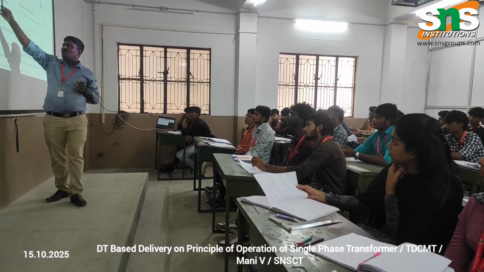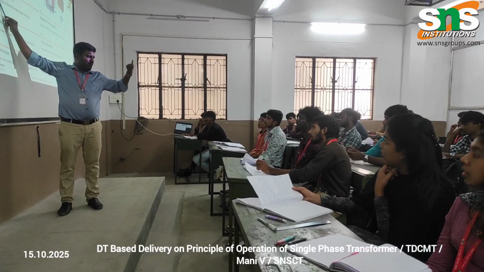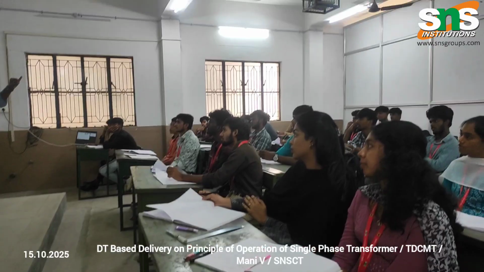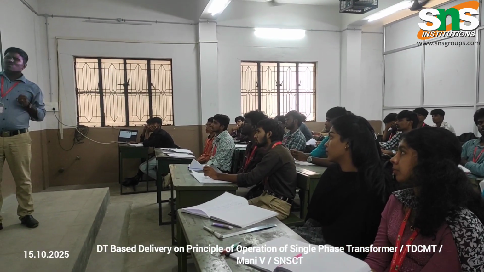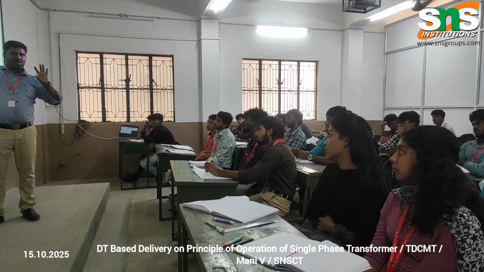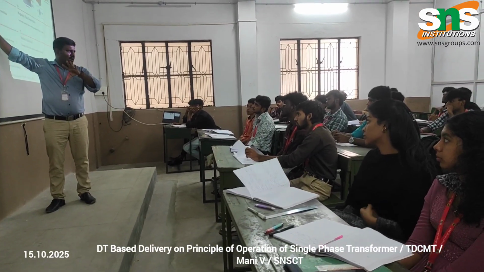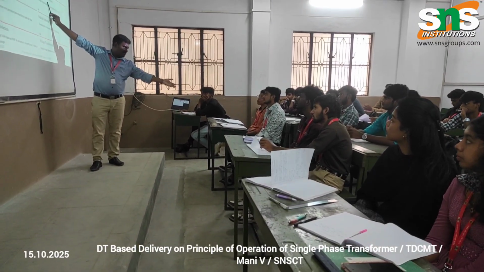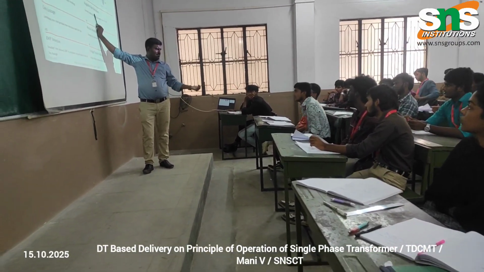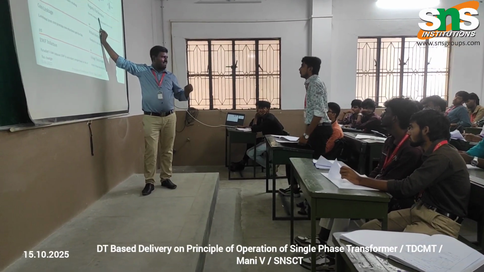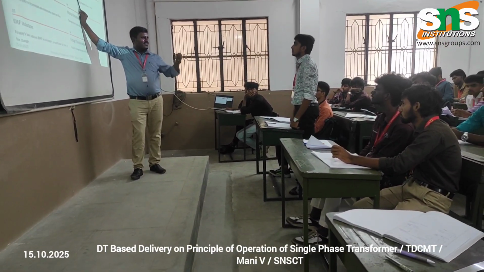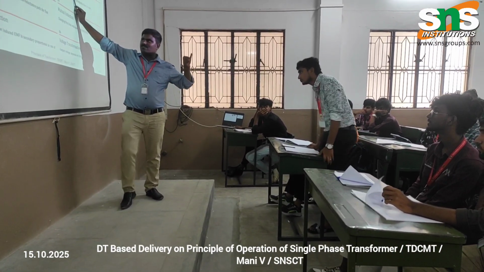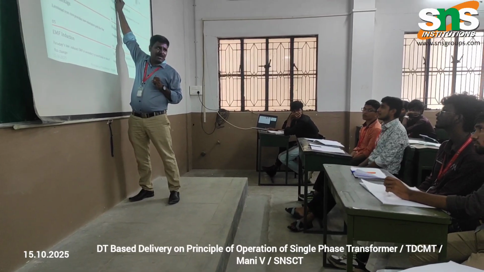So initially, what is step number one? Anyone? Okay. The primary winding is connected with the source, then we have to switch on. When the AC supply is given to the primary winding, what will happen? The magnetic flux is produced. In step number one, we are providing the AC supply to the primary winding.